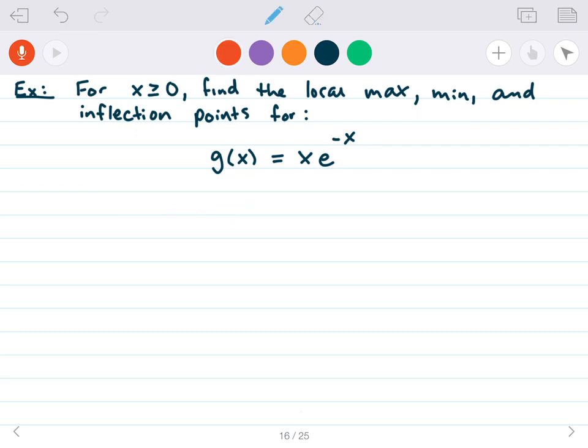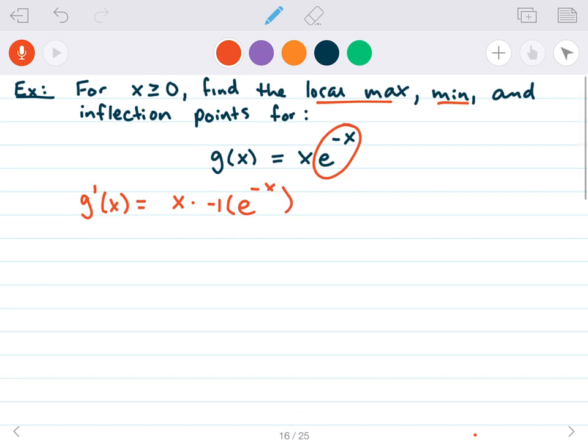So let's first find the first derivative. This is the starting point, because remember, to find the local max and the local min, we can use either the first derivative test or the second derivative test, but we need to get the critical points first, and that comes from the first derivative. So for the first derivative, we keep the first function times the derivative of the second function, which, using the chain rule, is negative 1 times e to the negative x.